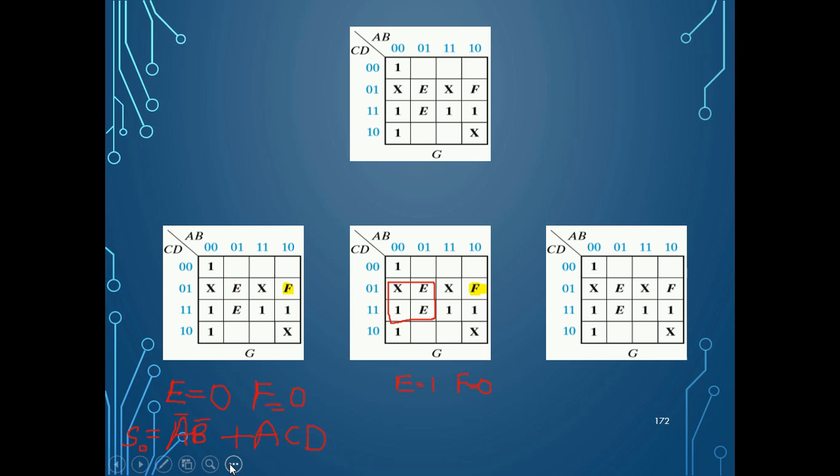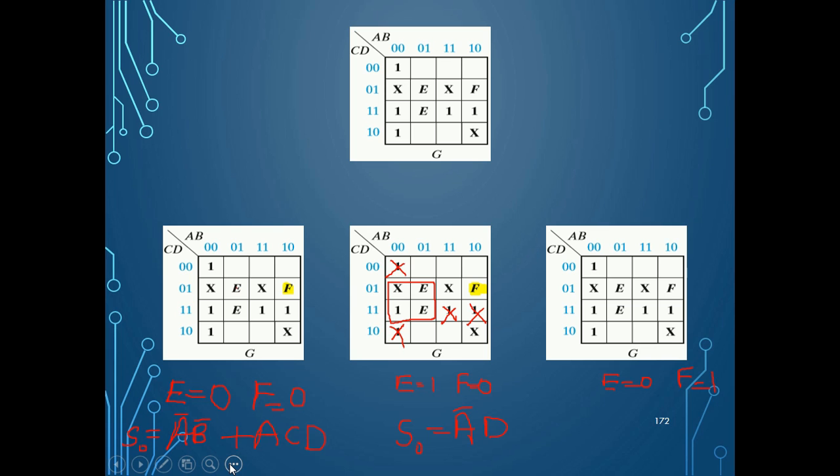F is equal to 0 and E is equal to 1. I can write it as S1 equal to A bar D, and the rest I'll take all this as X. You can write it in this manner. And one more expression you have, when I take E equal to 0 and F equal to 1.